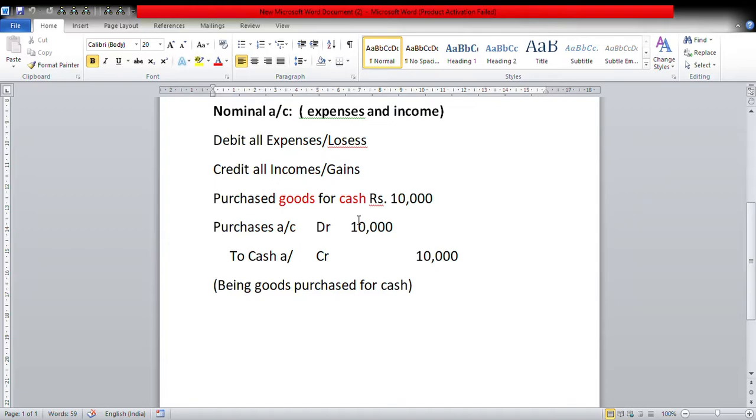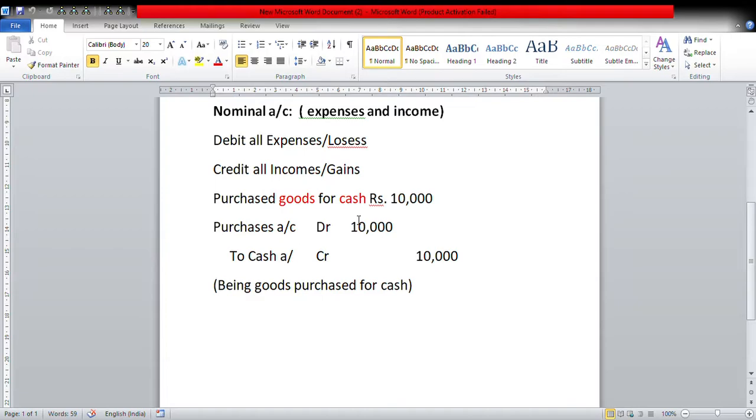As these two things are not the same and have to be differentiated very well, we cannot write goods as an account in the books. But goods means the stock which is being purchased. That is what you need to understand.